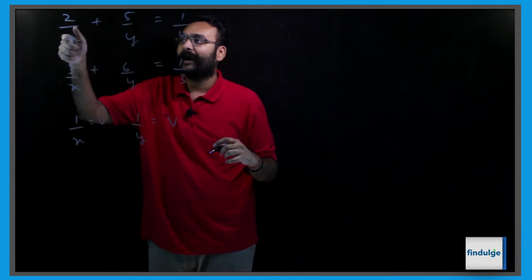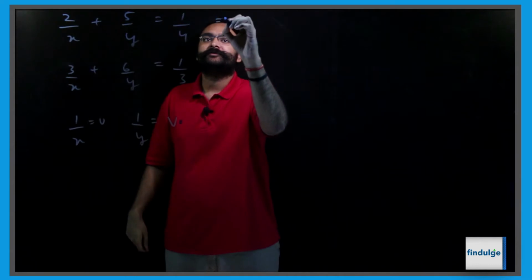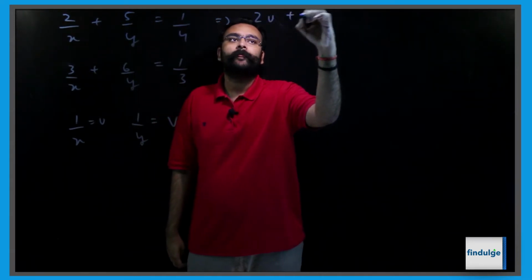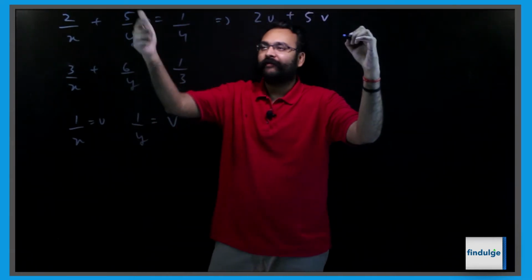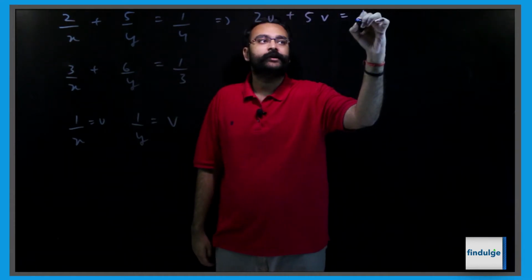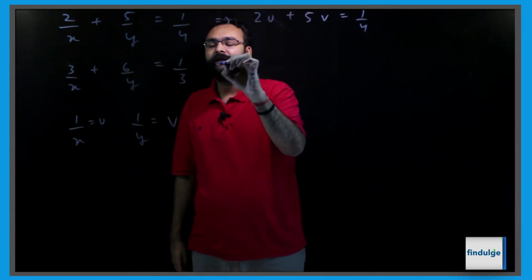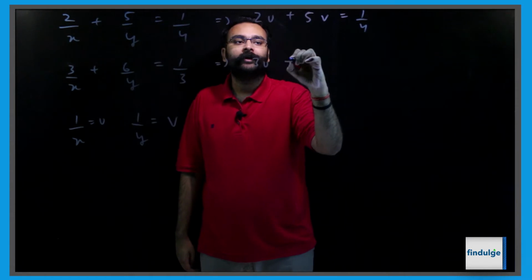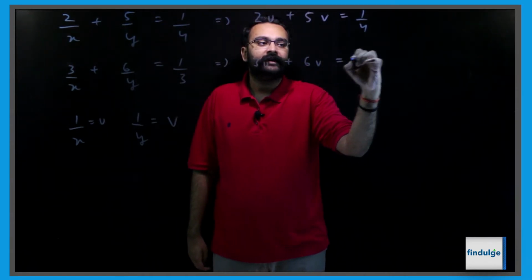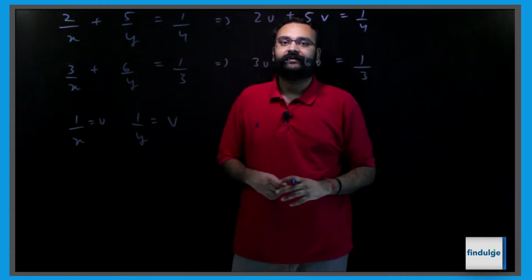So once again 1 by x gets replaced with u. This becomes 2u plus 5v, 1 by y gets replaced by v, is equal to 1 by 4, and 3u plus 6v is equal to 1 by 3.